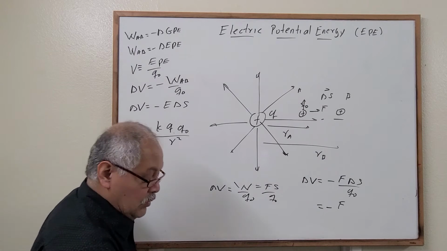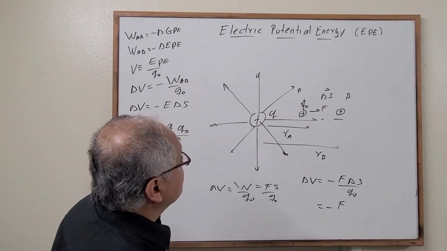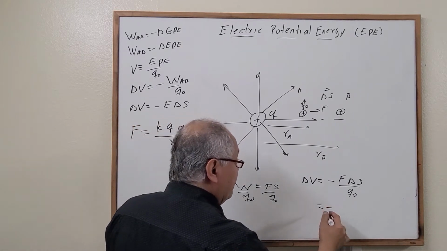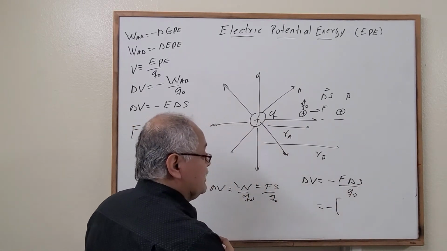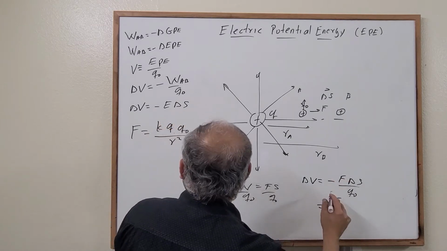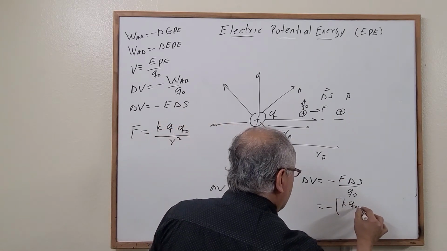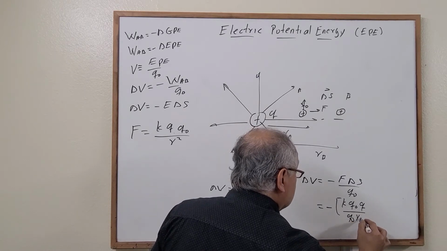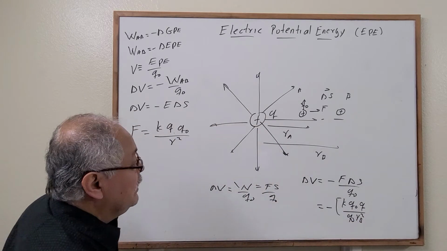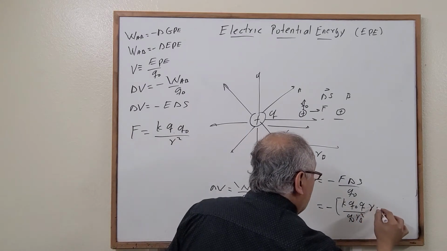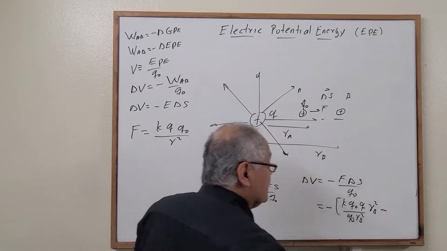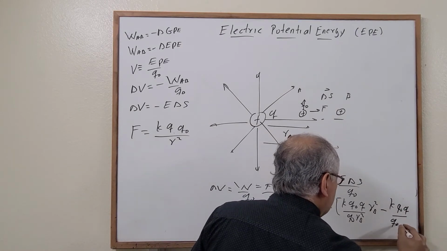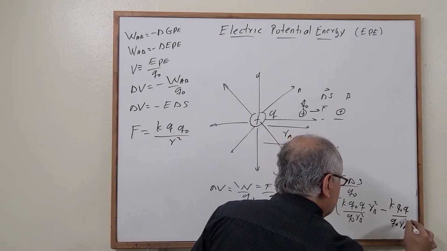So this equals negative K Q naught times Q divided by Q naught times R sub B squared, times R B squared, minus K Q naught times Q divided by Q naught R A squared.